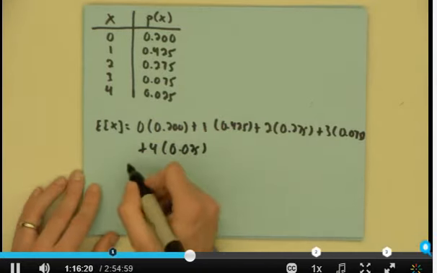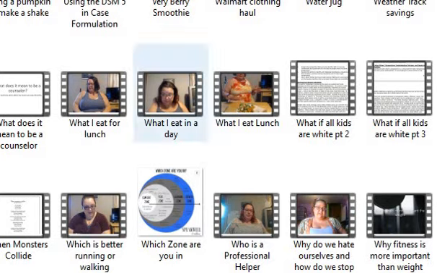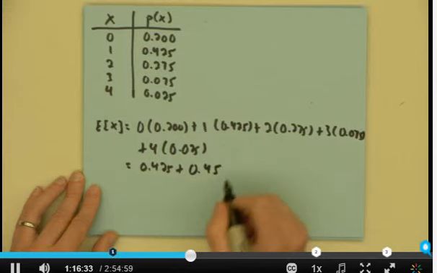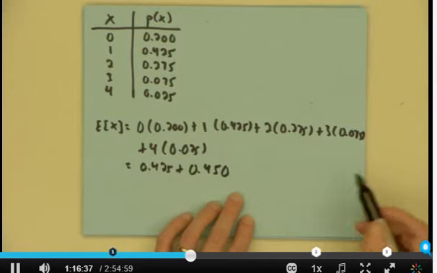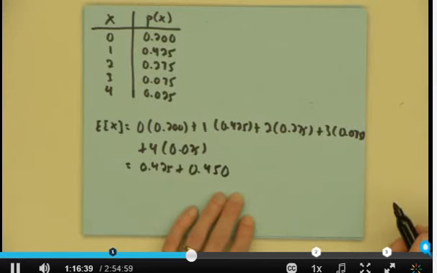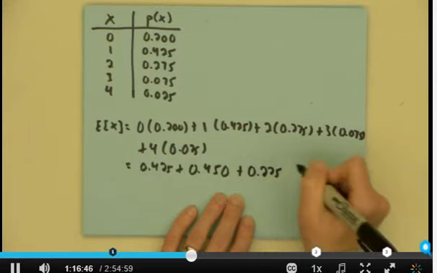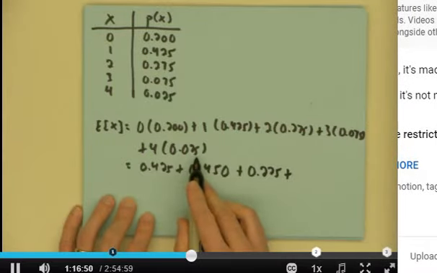Okay. 0.425 plus 0.55, that's 0.225 at the end, and then 4 times 0.025.